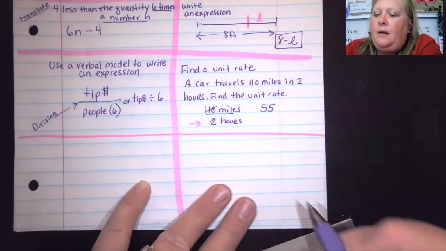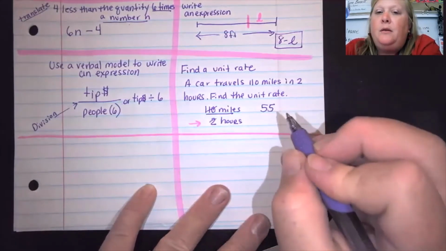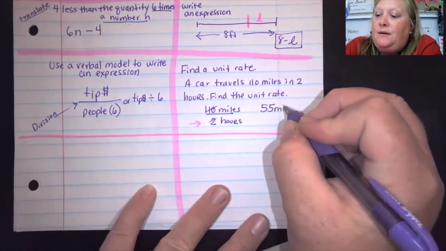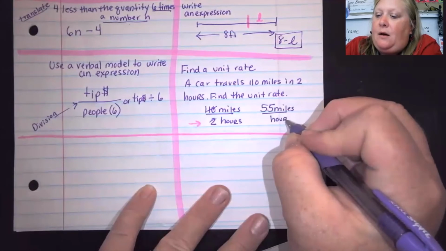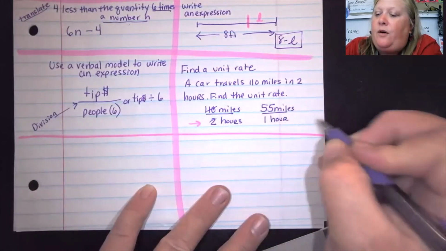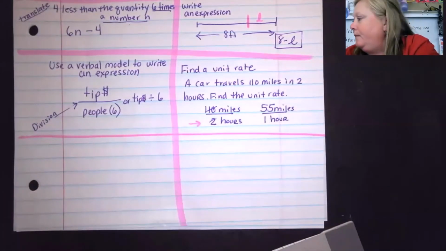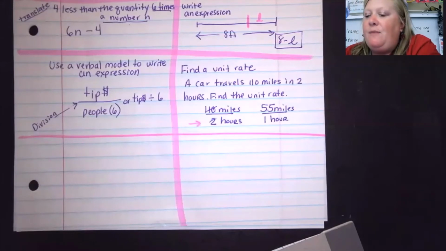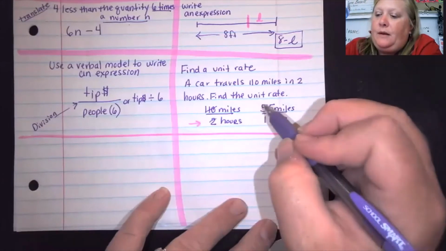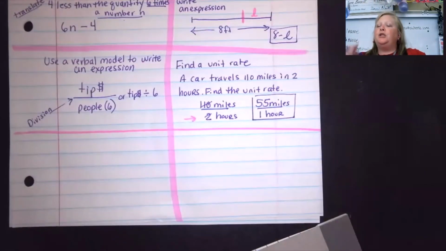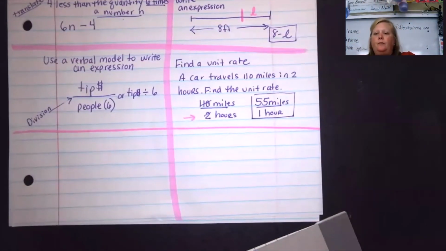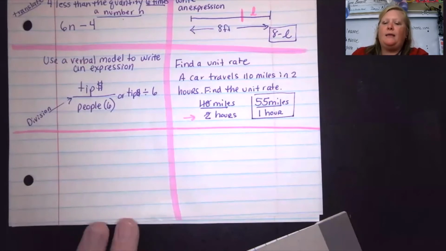Okay? And I want you to keep the units the same. Miles over hours. Now, what's that number at the bottom? Over 1 hour. Okay? 55 miles in 1 hour. This would be your unit rate. Keep that 1 on the bottom.